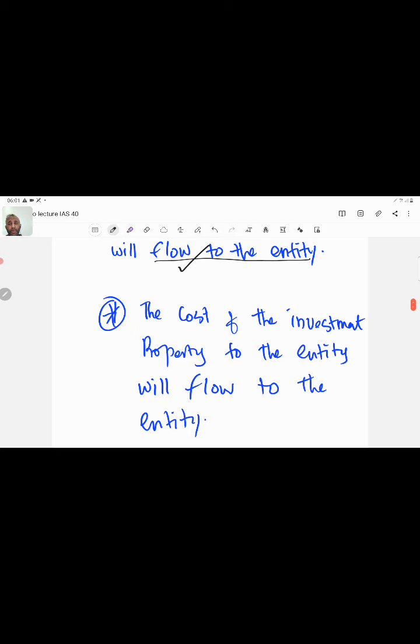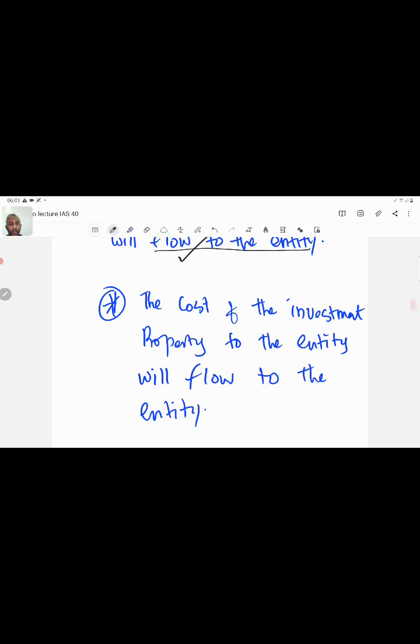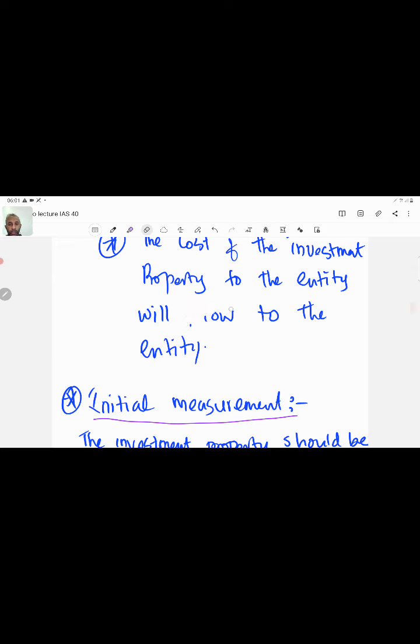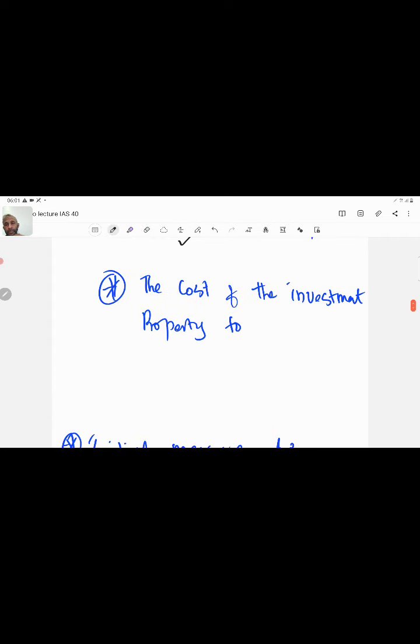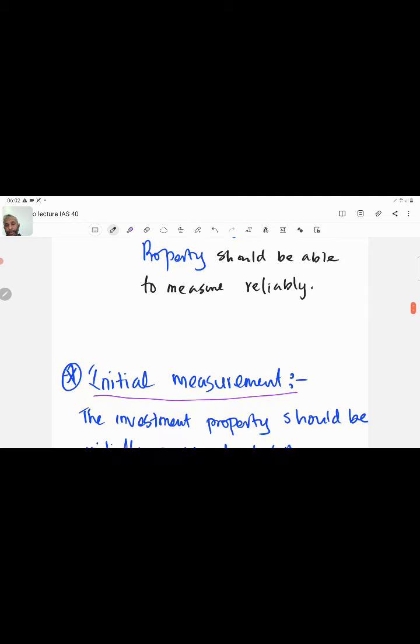And second, the cost of the investment property should be able to be measured reliably.